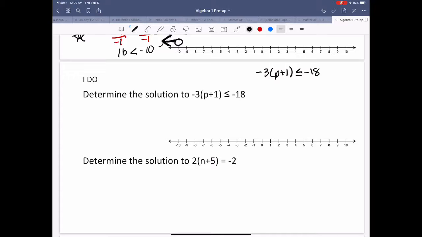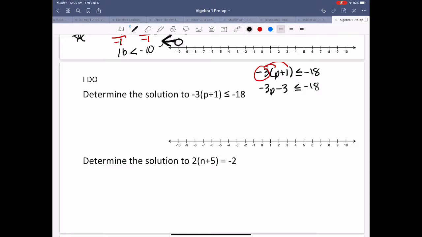There are a couple other ways you could go about this one, but right now as you're starting out, you want to always simplify first. So I'm going to multiply using the distributive property. That gives me negative 3p minus 3, which is less than or equal to negative 18.